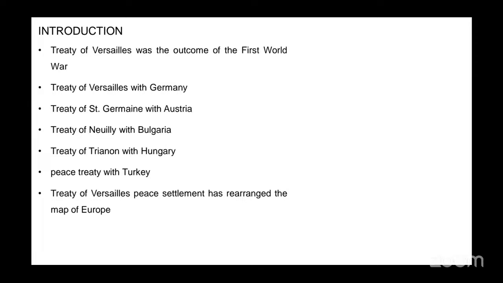The Treaty of Versailles rearranged the power structure and the power holdings of the entire Europe, and it brought down Germany's pride, Germany's military, and Germany's sentiments. It was like putting a concrete wall around it.